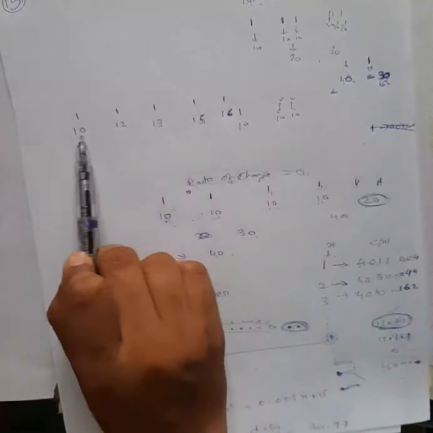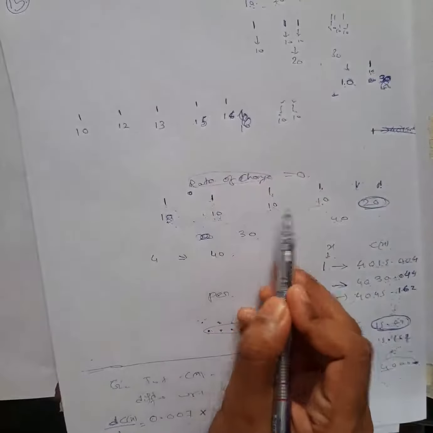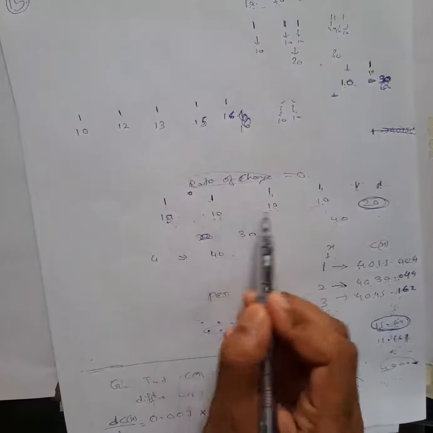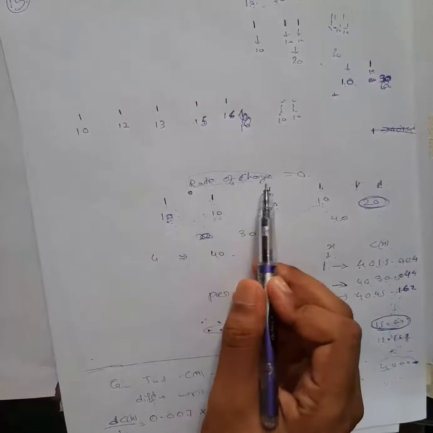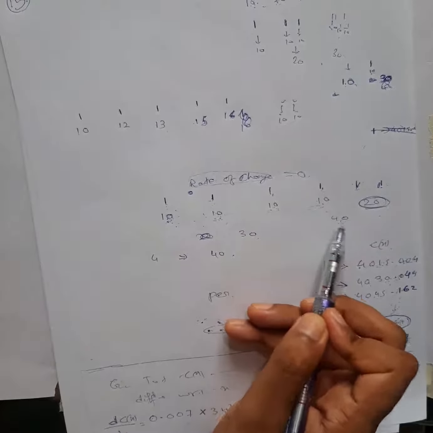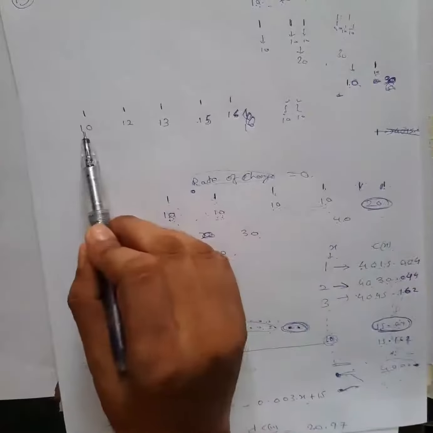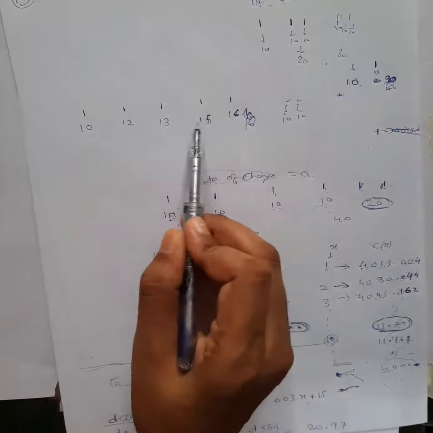Means prices here are variable, they keep on changing. In this case the prices are constant, fixed. So when the price is constant, the rate of change, that is differentiation, will be 0, right? When you take differentiation of the total cost, it will be 0. But in this case it is variable, keeps on changing, right?